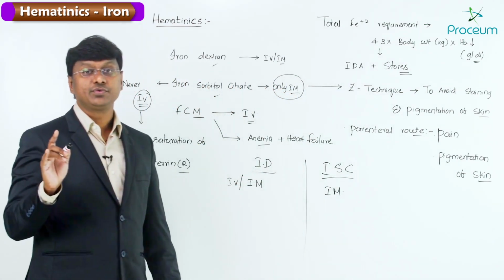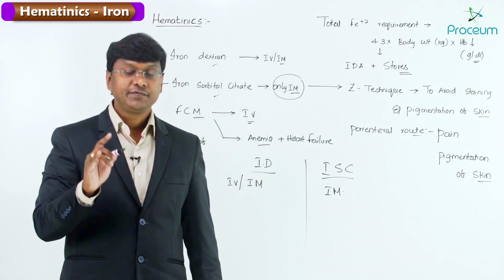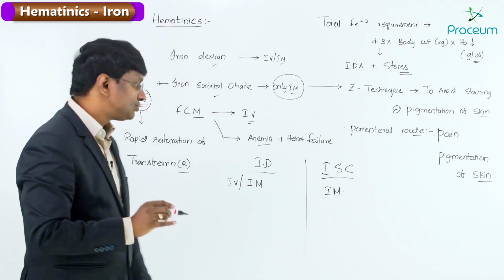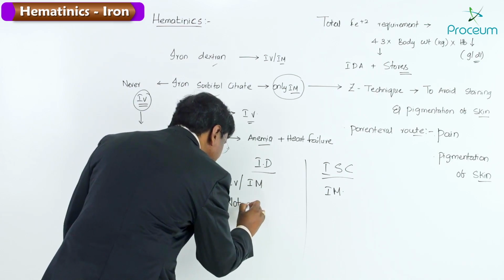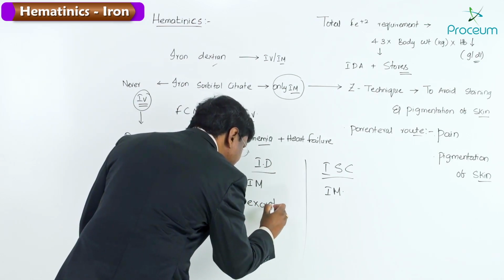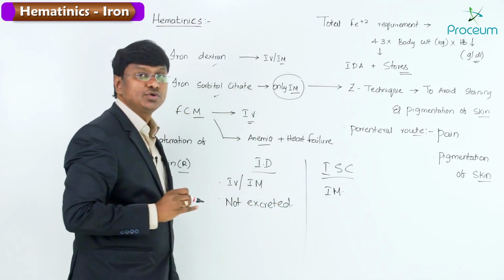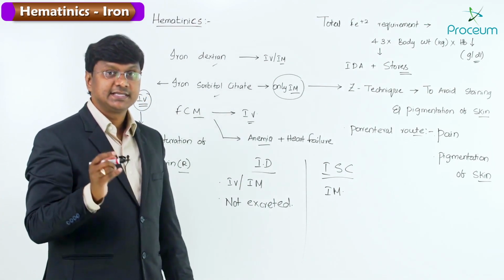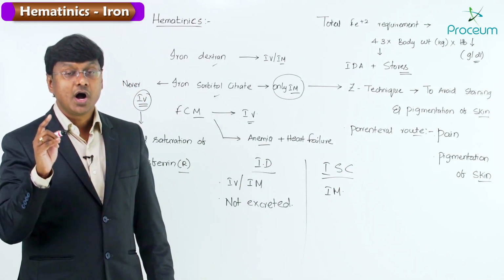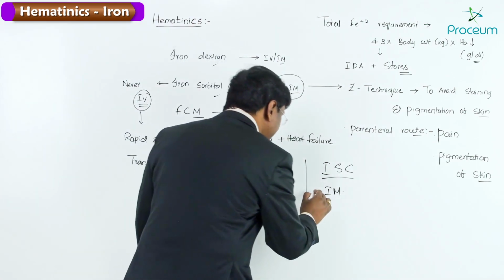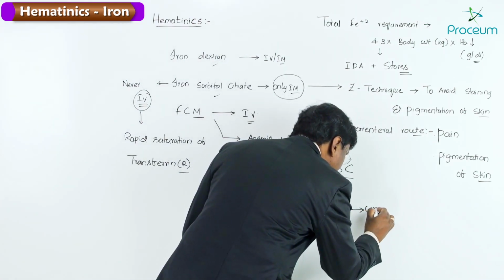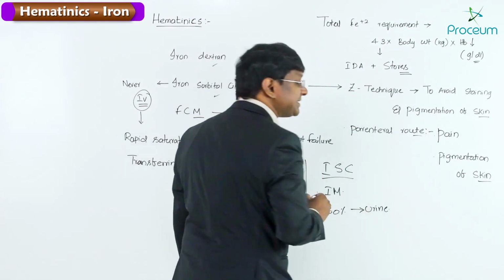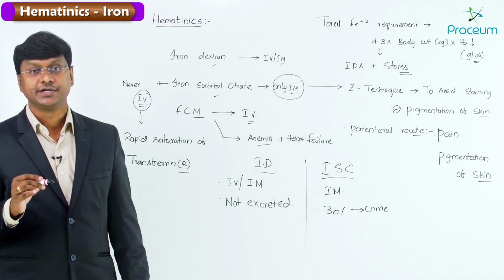It should never be given through the intravenous route. Iron dextran is not excreted, whereas about 30% of iron sorbitol citrate is excreted in the urine.